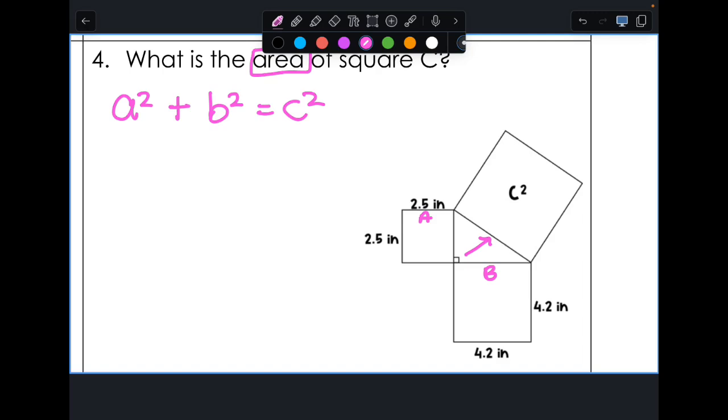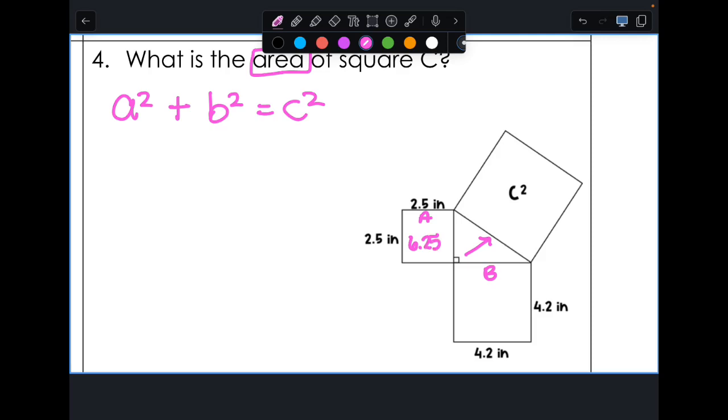Add or area. So for area, do you add or do you multiply them? Multiply them. So multiply them times itself. So square 2.5 squared or 2.5 times 2.5. What do you get? Yep.